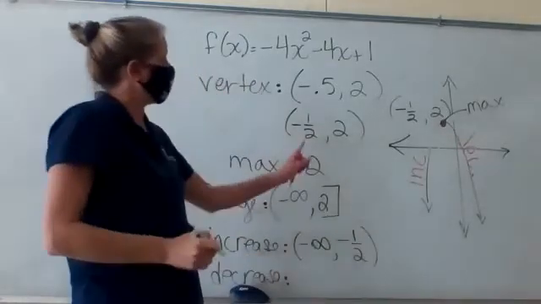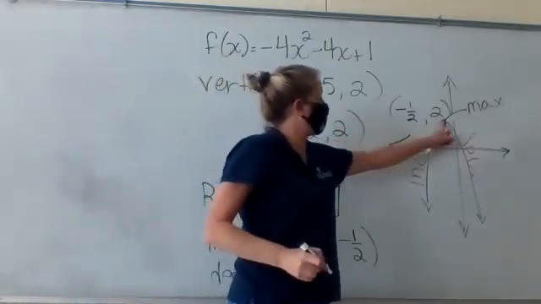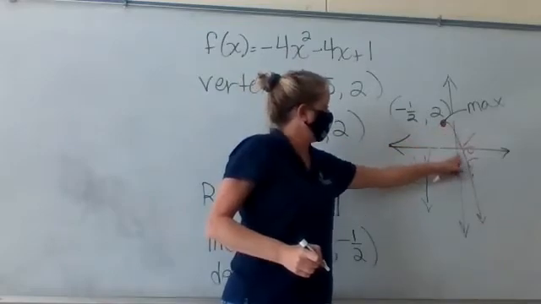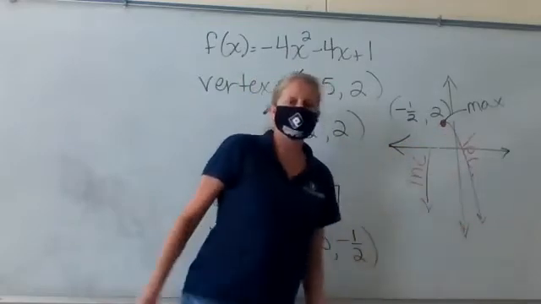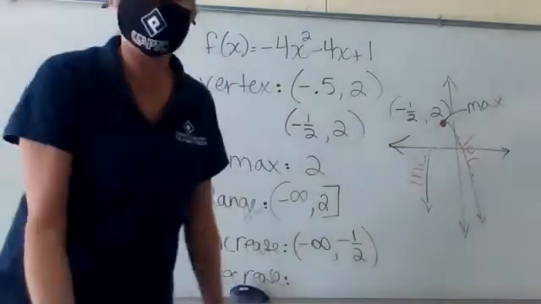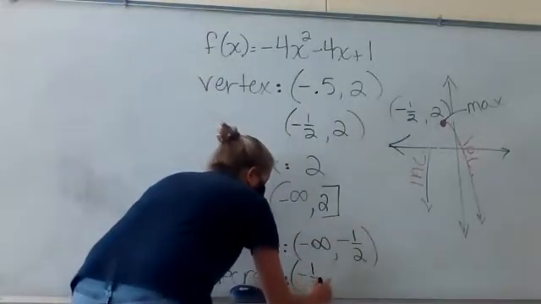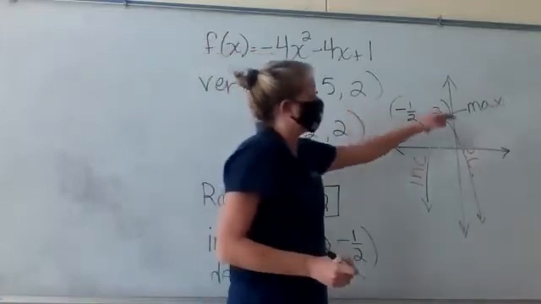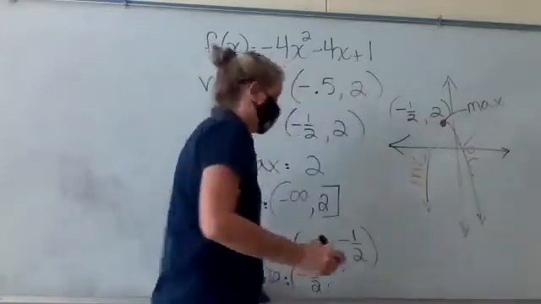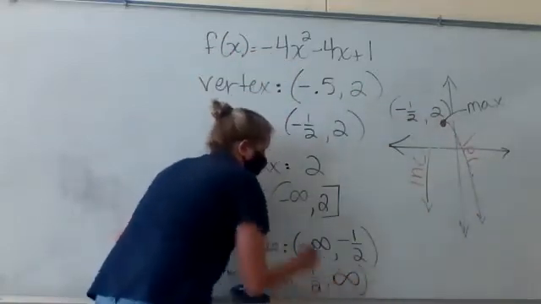Then what happens when you hit this maximum right here? What do you start doing? You start decreasing. So where do you start decreasing? You start decreasing at negative 1/2, and then you decrease to the right, going to the right forever to infinity.